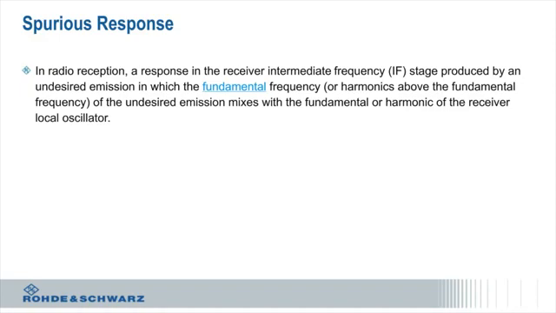So when we are receiving a signal, we really want to look at the desired input signal and not the stuff generated by the receiver itself, or things coming from somewhere else that we're not interested in listening to. So one of the key characteristics, particularly dealing with mixers, is the spurious response.